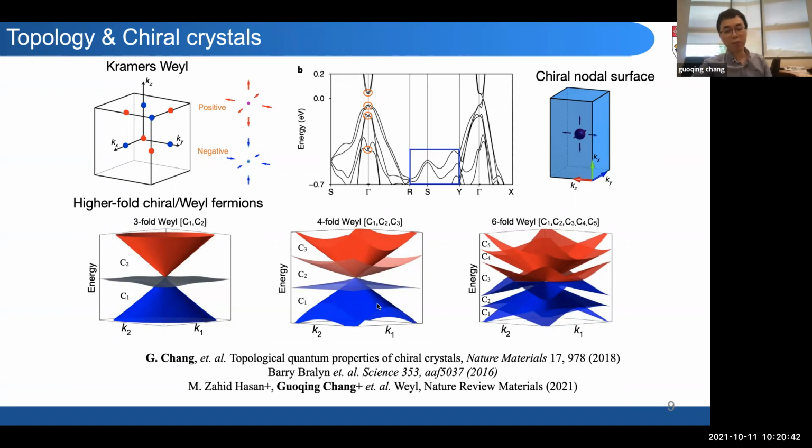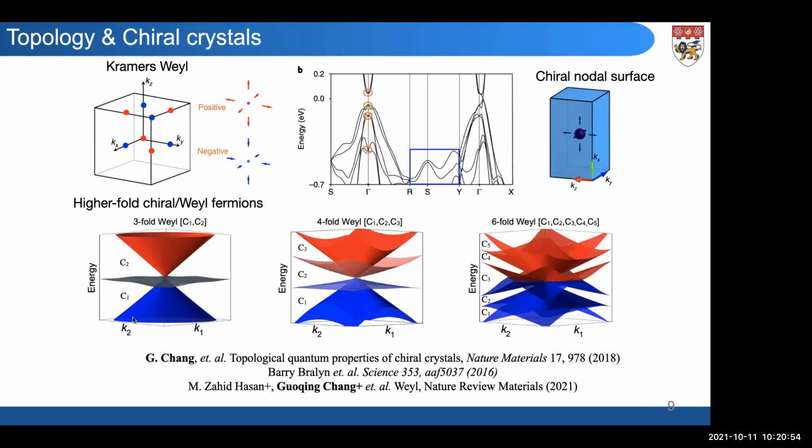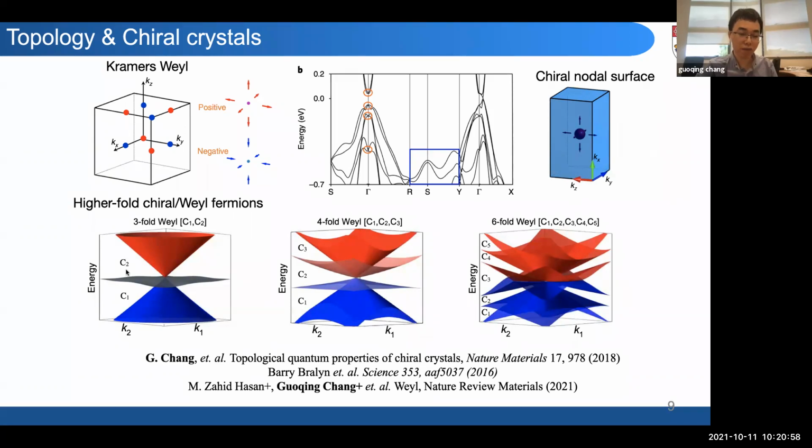So these multifold chiral fermions are actually a generalization of the twofold Weyl fermions, because for each band gap we can still define the Chern number. For example, if you have a threefold fermion, we can have two gaps in between the bands. Therefore, we can define the Chern number of each band gap. So to fully describe the topology of these threefold fermions, we need at least two integers.